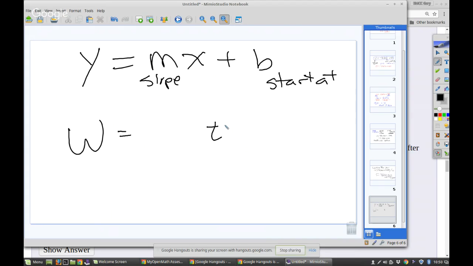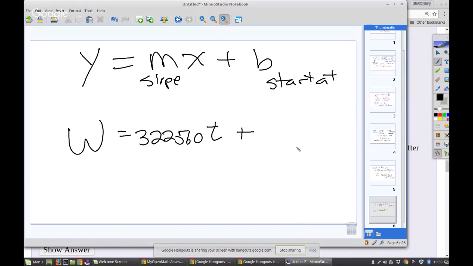What number did we just calculate for slope? It was 322,560 times T.